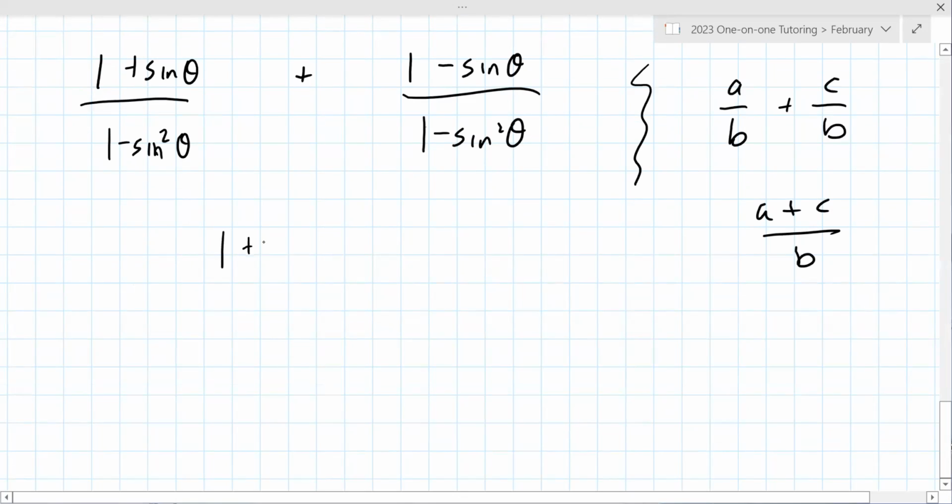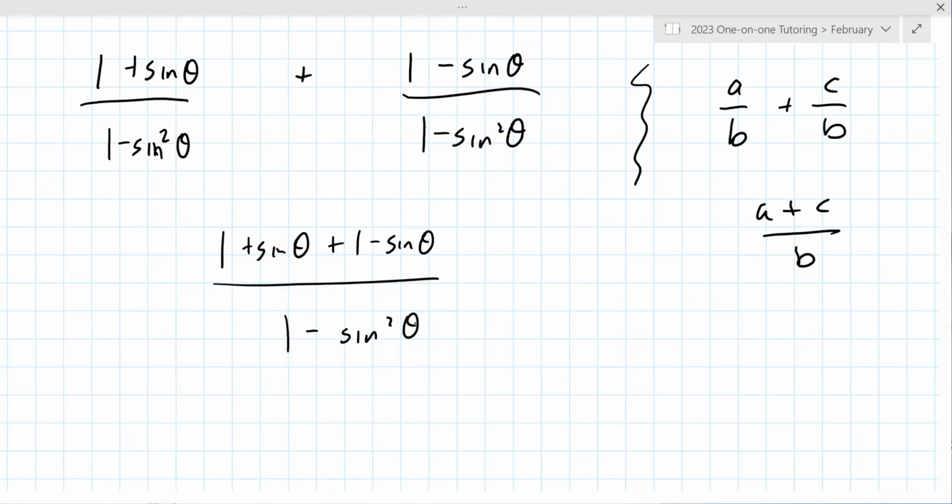Yes. So you get 1 plus sine theta plus 1 minus sine theta over 1 minus sine squared theta. What do you see there? Anything stand out to you? The sine squared would cancel with the sine on the right, right?